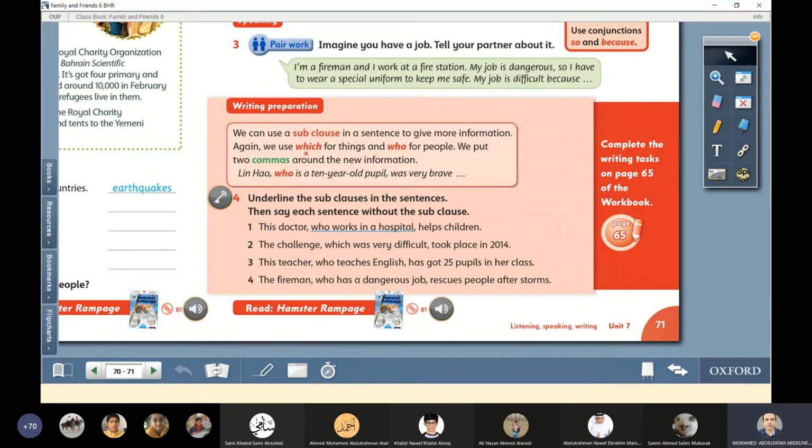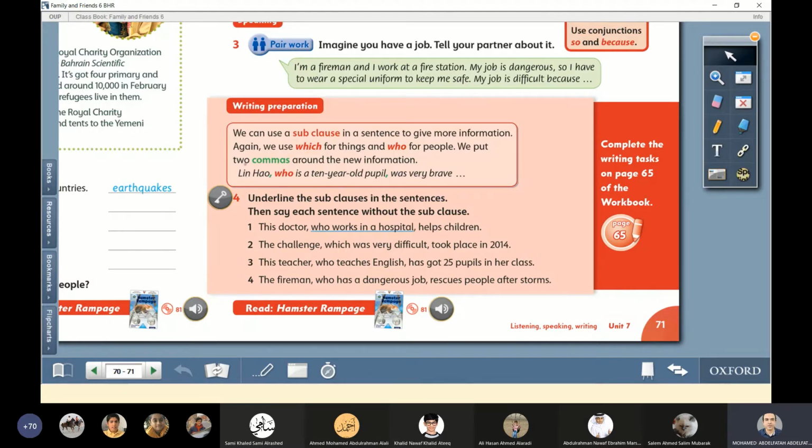Who and which and the other relative pronouns are called in English subordinating clause. We can use a subordinating clause in a sentence to give more information, to add more details. Again, we use which for things and who for people, as we had before in previous lessons about the relative pronouns who and which. Who is used for people and which is used for animals and things.